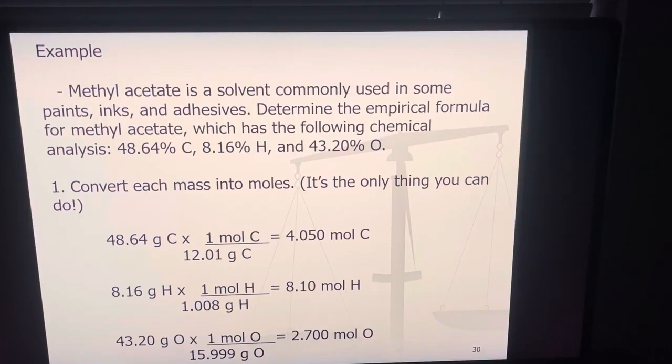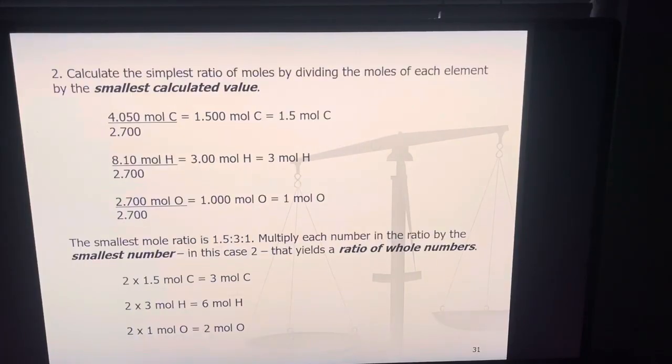So we're going to convert each of these to moles by using the molar mass. The molar mass of carbon is 12, and so grams cancels out, leaving us with 4 moles of carbon, 8 moles of hydrogen, and 2.7 moles of oxygen. Okay, remember, we're trying to find the empirical formula. So part 2 is to calculate the simplest ratio of those moles by dividing each element's moles by the smallest calculated value.